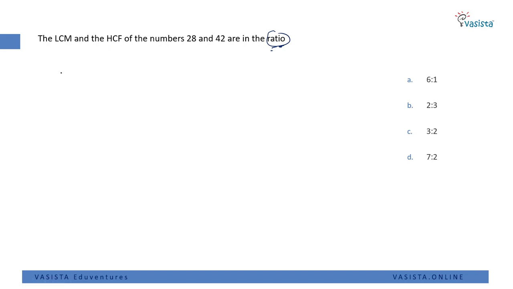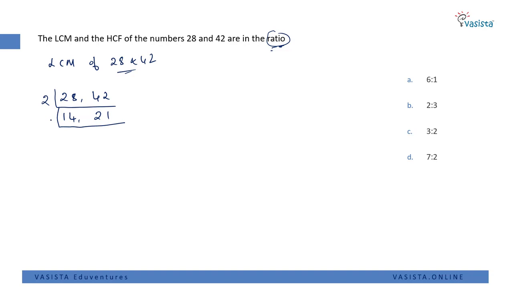Let us find the LCM of 28 and 42. So let me find it here. 28 and 42, start dividing by 2: 2 14s are 28, 2 21s are 42.